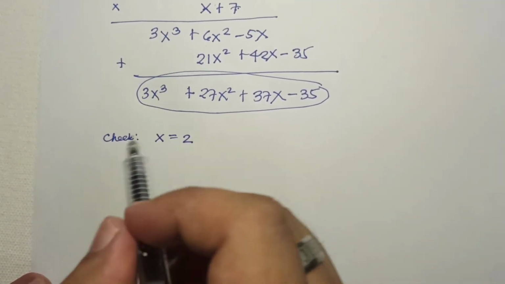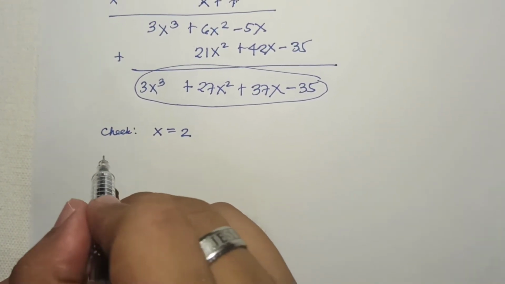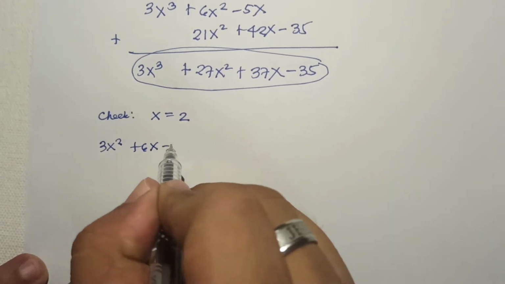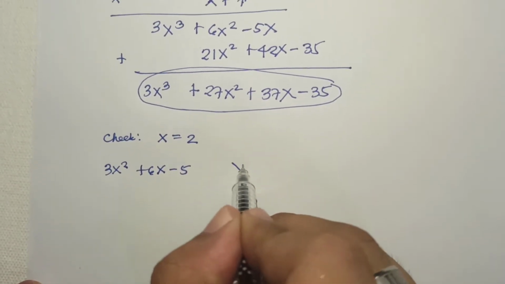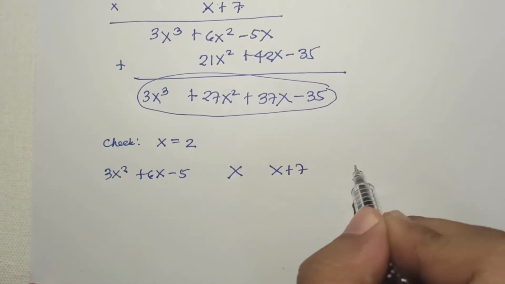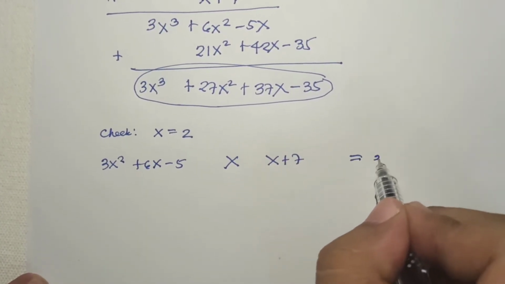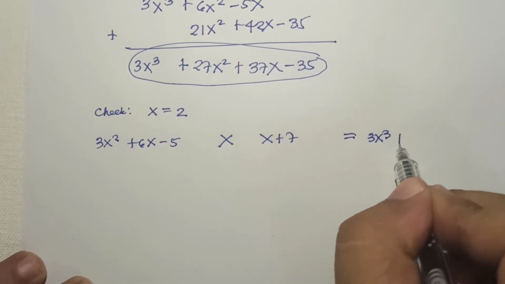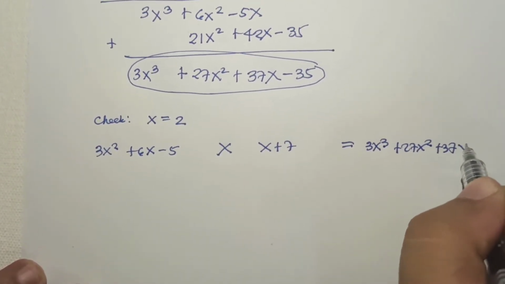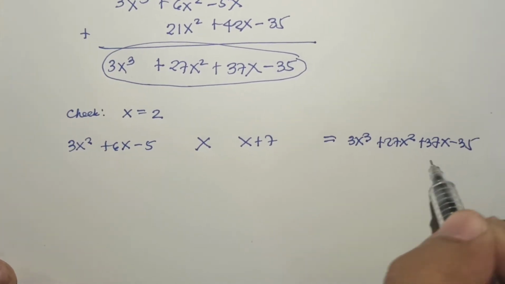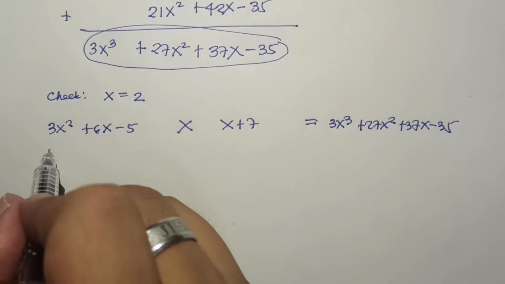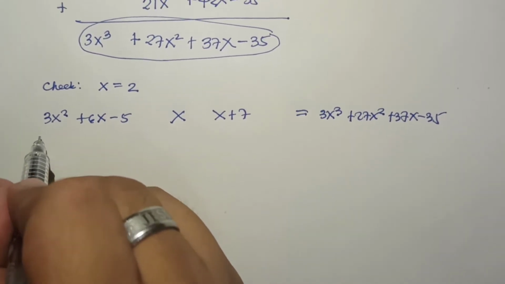We have 3x squared plus 6x minus 5 multiplied by x plus 7, which should equal 3x cubed plus 27x squared plus 37x minus 35. We substitute the value 2 here, any real number except 0.